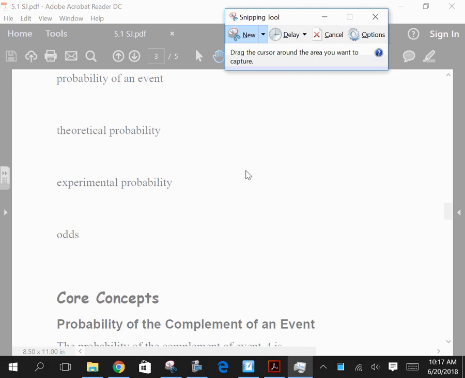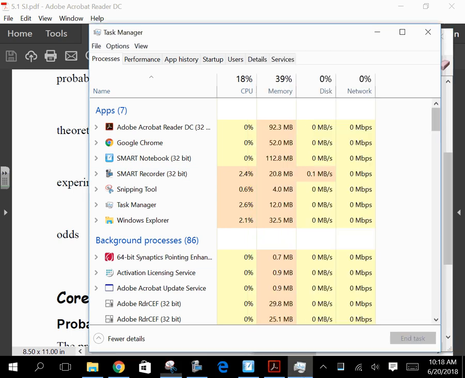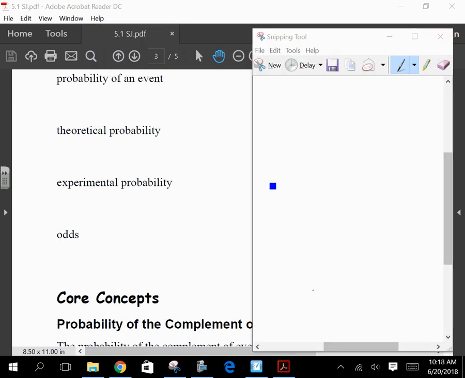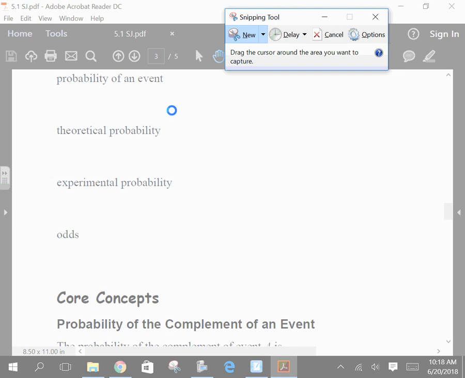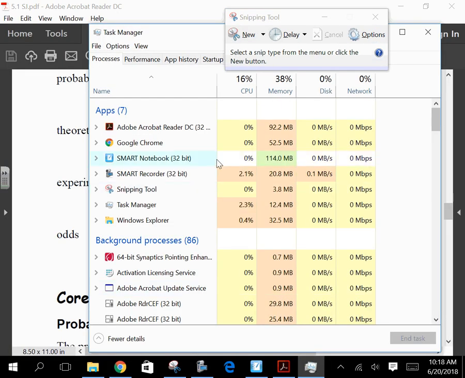My computer's acting strange. Sputters. Think so? Task manager. The snipping tool.